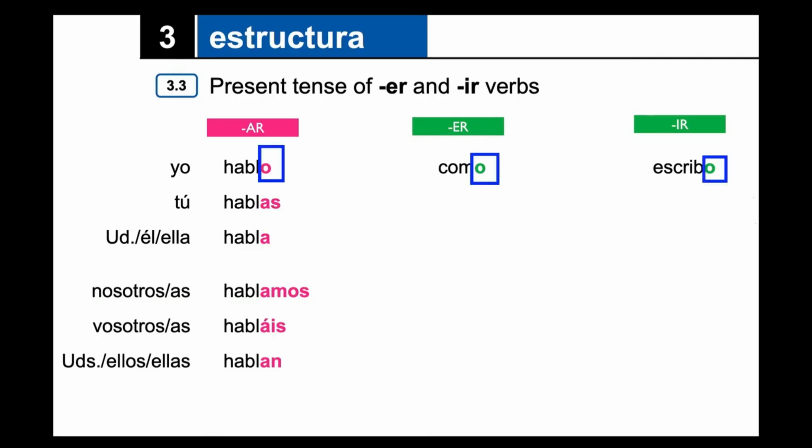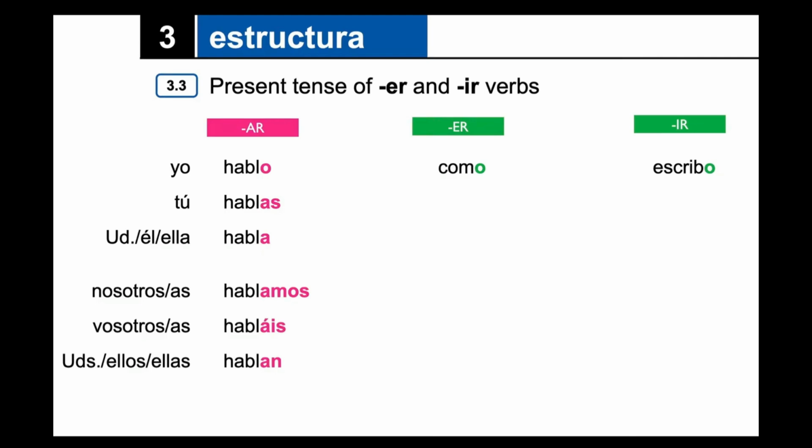Hopefully you notice that they end in O. So in essence, any regular verb in Spanish, if you ever want to conjugate it for yo or for I, all you need to do is get rid of its ending, the ar, er, or ir, and then add an O. That's all you need to do. So if I were to ask you, what's the ending for yo for an AR, ER, or IR verb? It's easy. It's O for any of them.